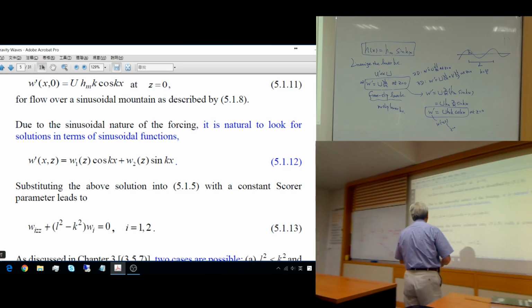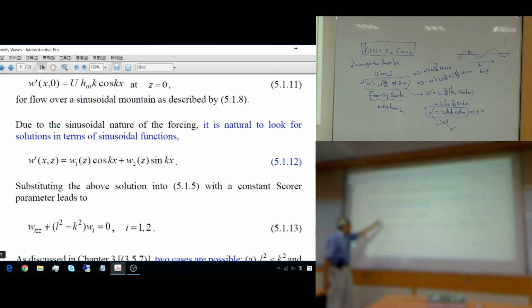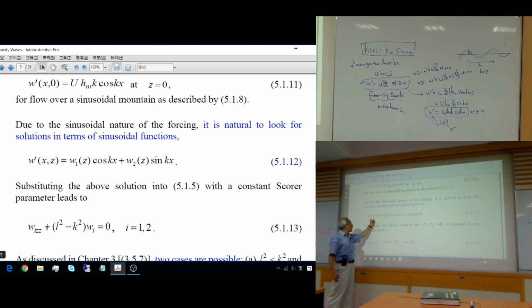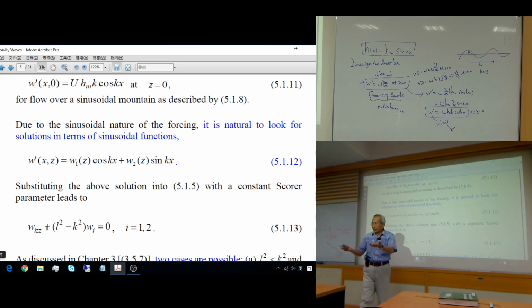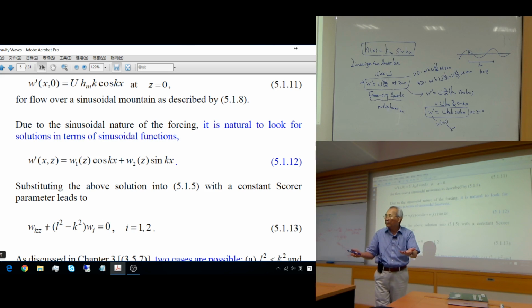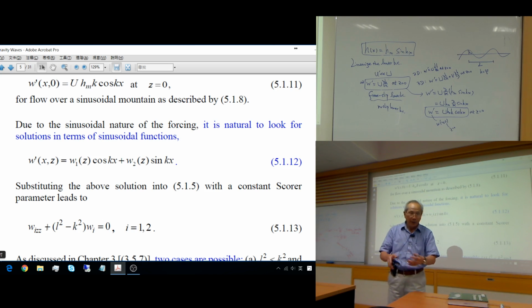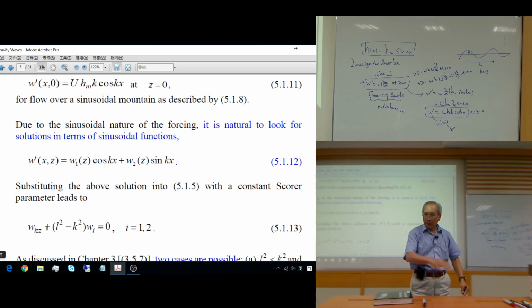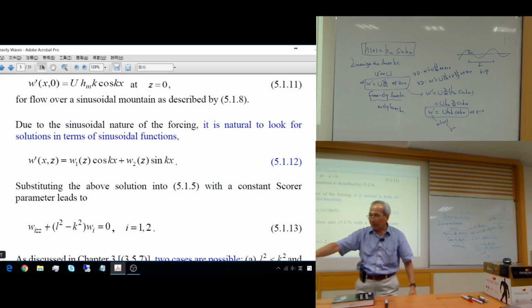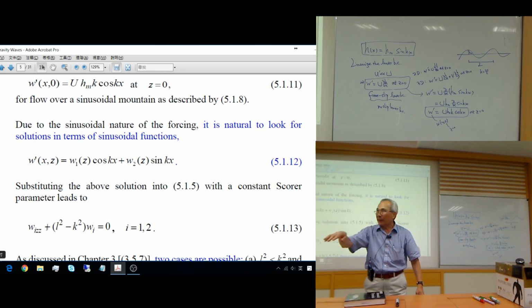So you assume the disturbance will be a sine function or cosine function. In general, it's a combination of cosine and sine functions because both of them are allowed. You don't anticipate that your mountain is a sine function and then on top will be a sine function, because you should allow cosine because you could have a shift of the phase.